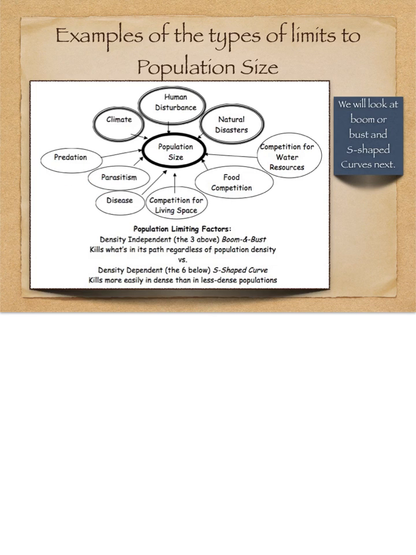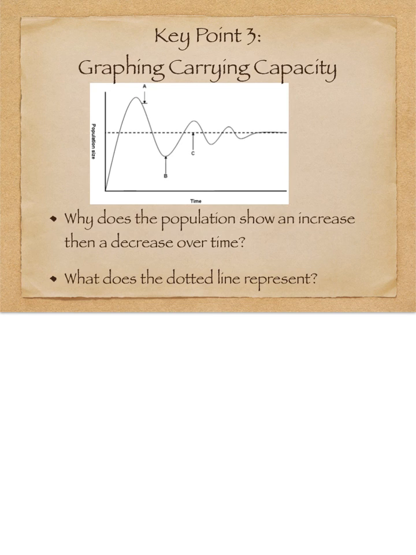All right. Now we're going to be talking about S-shaped curves, and we're going to be looking a little more at what kinds of changes happen in graphs when you're looking at populations. So let's take a look at graphing carrying capacity. So if you had a population size, and this is kind of a boom or bust.